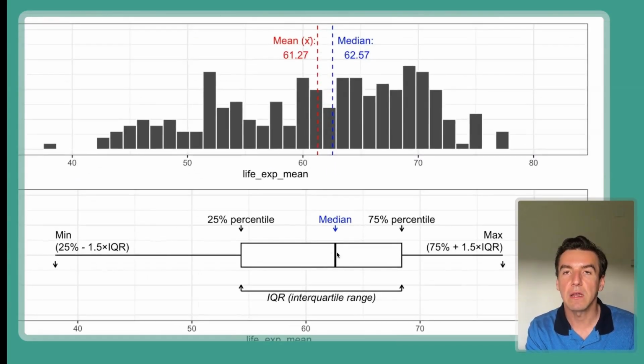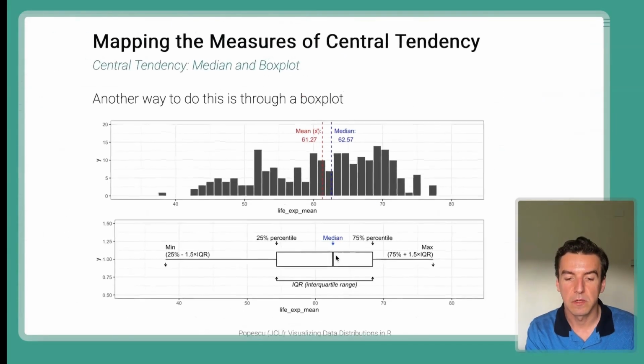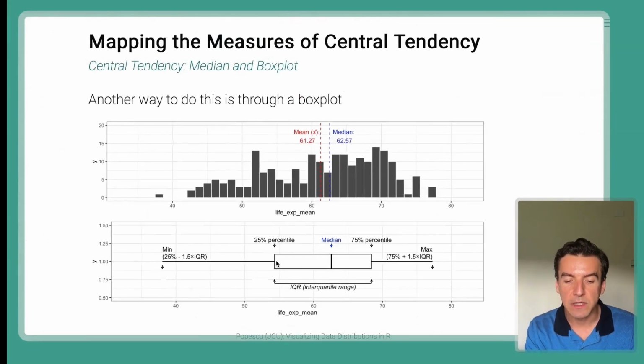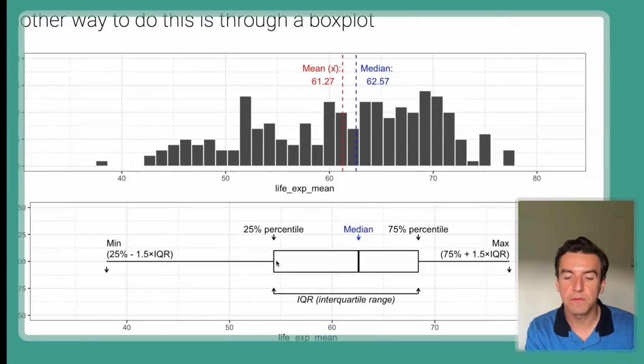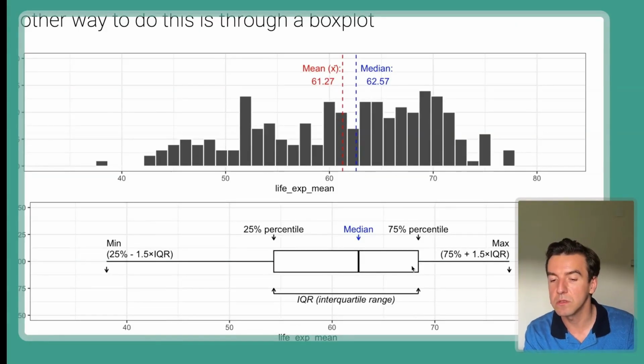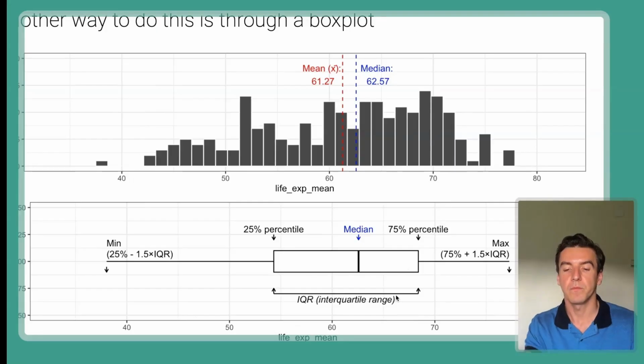This thick line here corresponds exactly to the median. The ends here correspond to the 25th and the 75th percentiles. And then the gap between the 25th and 75th percentile is called the interquartile range, right?